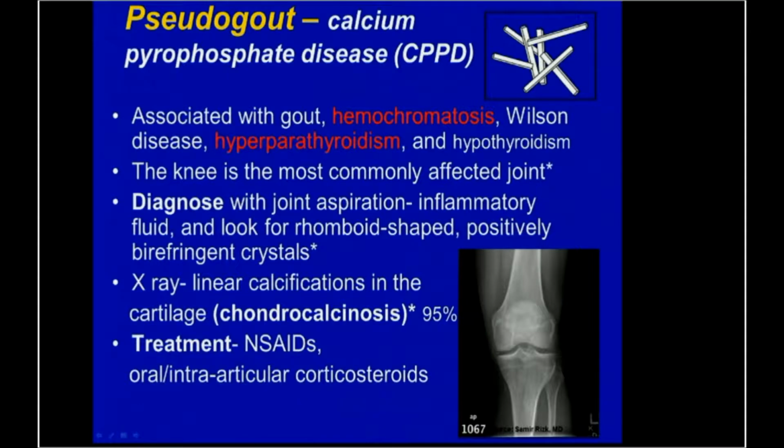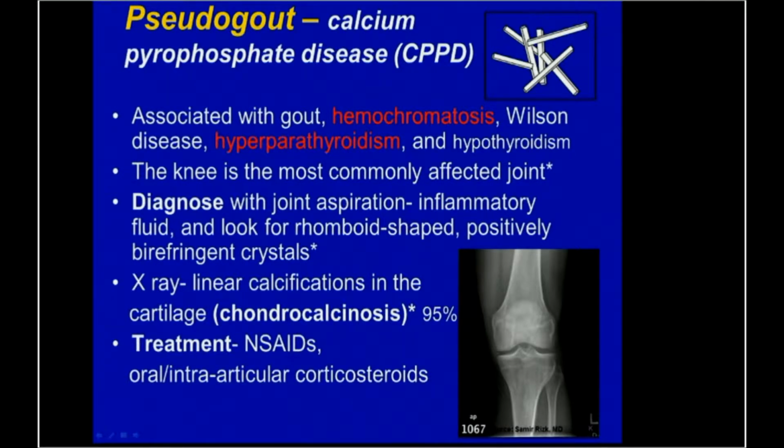Are you going to start the treatment for this patient? The answer is no. Because treatment of an asymptomatic patient who never had an episode of gouty arthritis and has elevated uric acid is not indicated. However, if the patient has had one episode of gouty arthritis and now his uric acid is high, we have to treat this, okay?